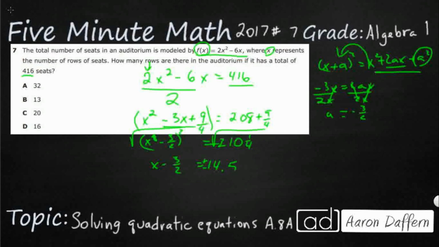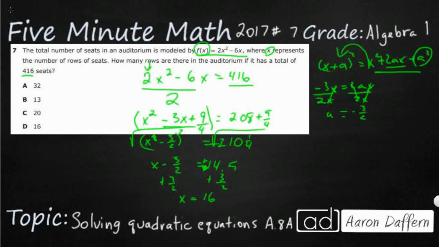And since it's a real situation here, we're not going to take the minus. We're just going to take the plus. So let's get rid of that because you can't have negative seats. So if I want to solve for x, I just need to add 1.5 or 3 halves to each side. So x equals 14.5 plus 1.5. It's going to equal 16. All right, so that is one way to do it.